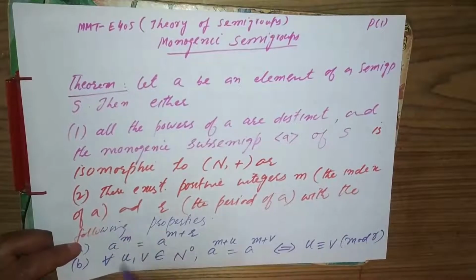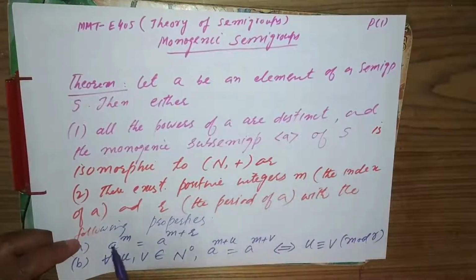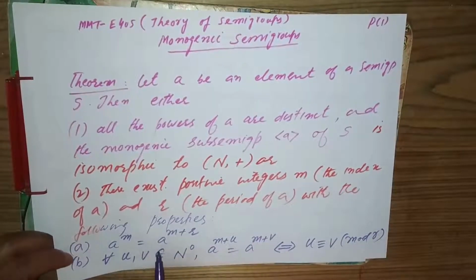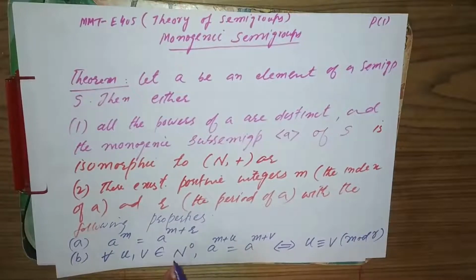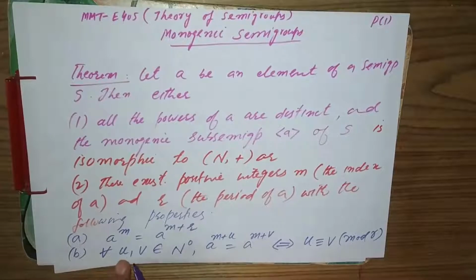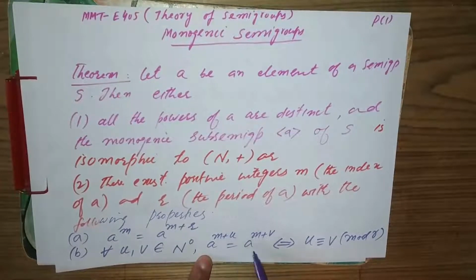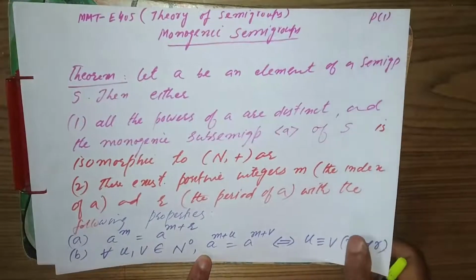And in the second case, if there is repetition, then there exist positive integers m, which we call the index of A, and r, the period of A, with the following properties: a power m is equal to a power m plus r, and for all u, v belonging to N0, the set of natural numbers along with 0, so u and v may be 0, a power m plus u is equal to a power m plus v if and only if u is congruent to v mod r.